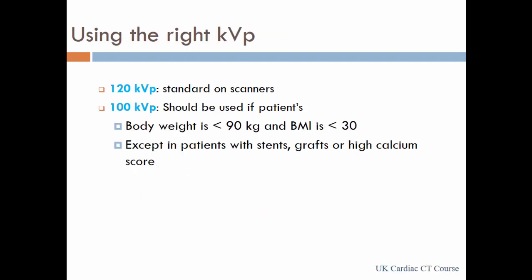The second thing is to decide on kVp. If the patient's body size in terms of BMI is less than 30, and the body weight is less than 90, then we would use a 100 kVp protocol for that patient. The exception being patients with stents, with bypass grafts, and with a lot of calcium in the coronary arteries, we may choose to still do 120 kVp irrespective of their body size, because you want optimal penetration of X-rays through these dense structures.